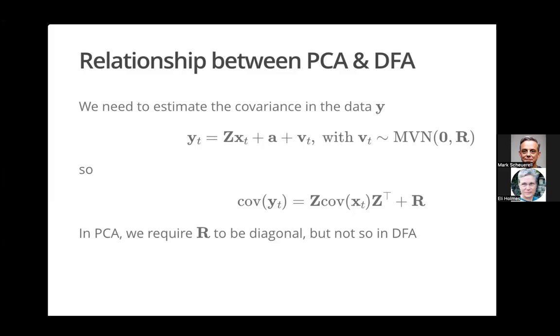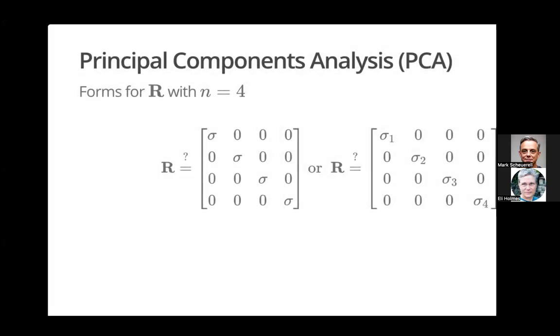This is mostly just a gee whiz thing, but I will show you later, and as part of the lab, you will explore different structures for things like R. So here's a situation where we have 4 time series and 4 different forms of R. This one is diagonal and equal, right?